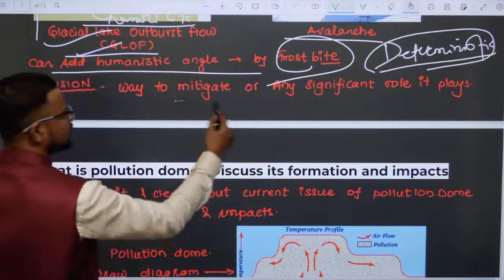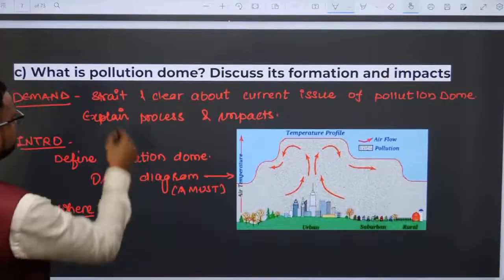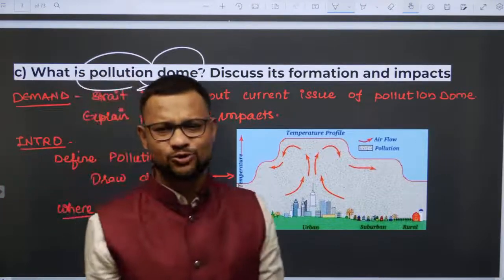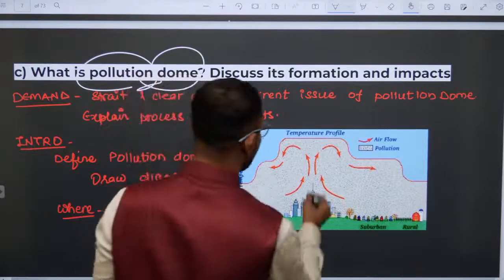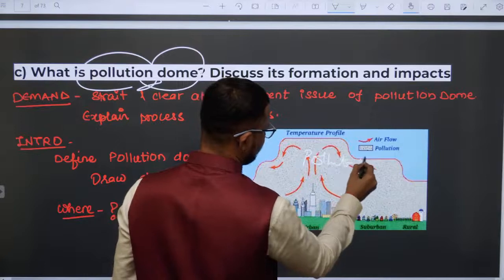And conclude it like that. Then this current affair, pollution dome, as is well known. That dome shaped structure which you find formed due to different pollutants in the atmosphere, right?